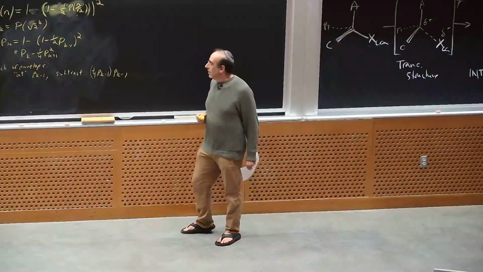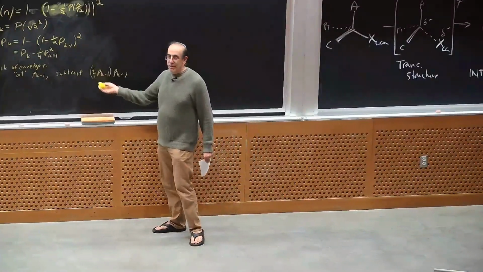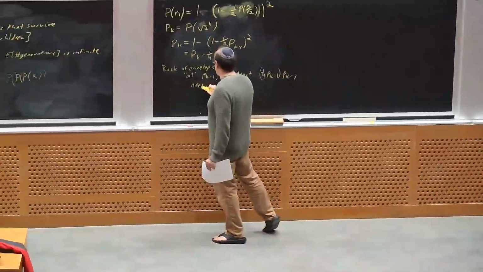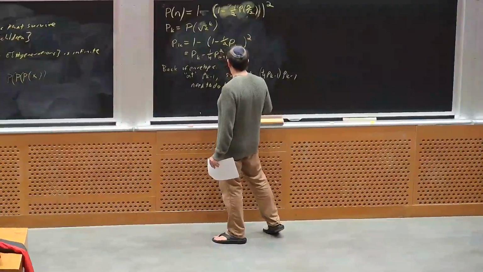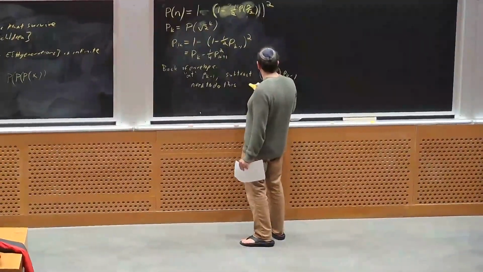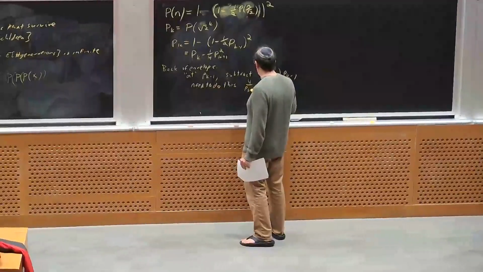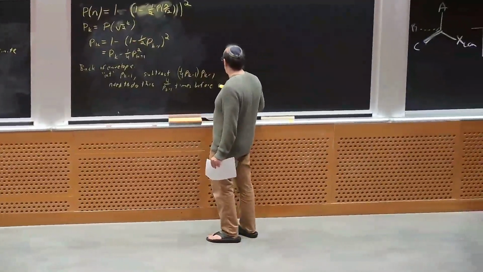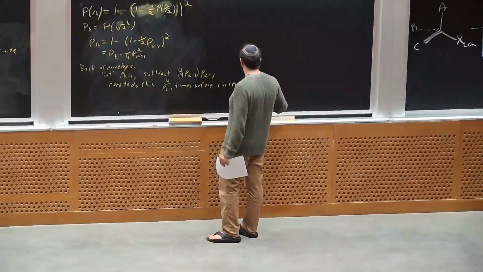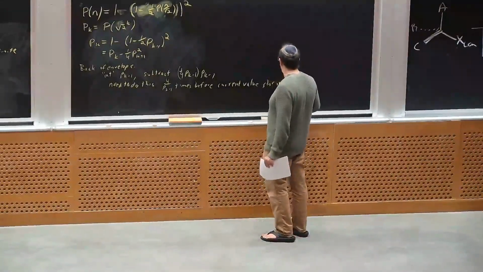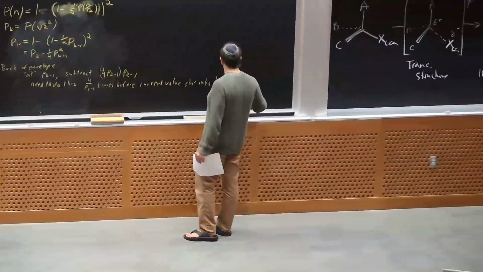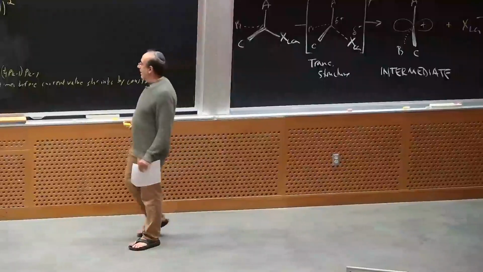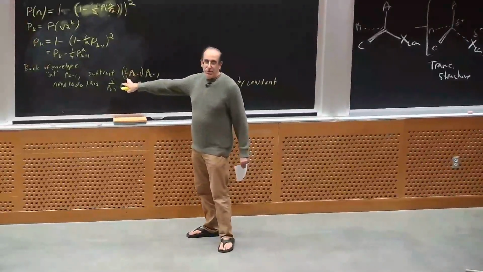But if P sub k minus 1 is small, I'm not subtracting very much, right? Basically, I need to do this about 4 over P sub k minus 1 times before my current value shrinks by a constant factor. It's just like one of our amplification arguments.